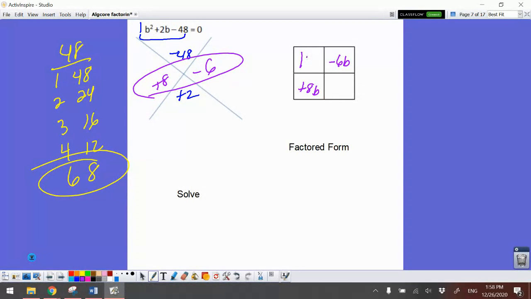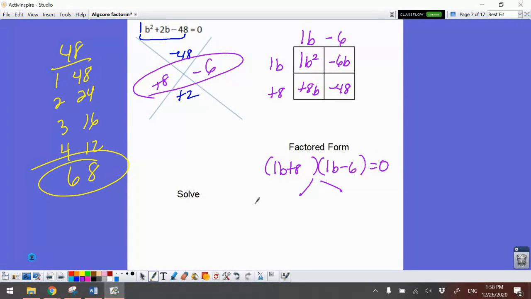I fill in my boxes with 1b squared minus 48, and then I'm going to divide. So I'm going to divide by 8. I'm going to take out a 1b. I'm going to take out a 1b, and -6 and -48, I can take out a -6. So I have my factored form. I have 1b plus 8, and I have 1b minus 6.